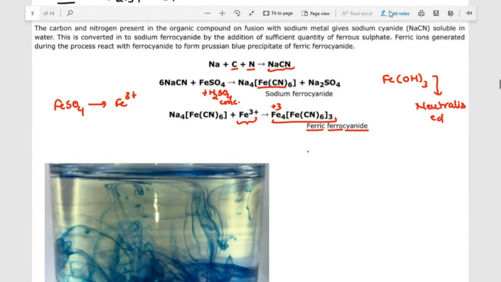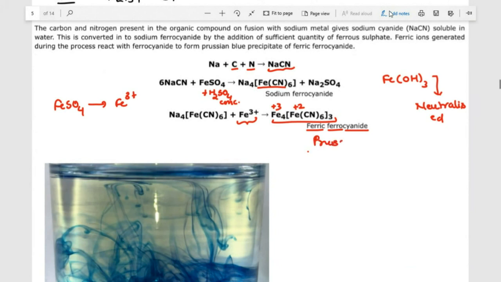This is iron 3, this is iron 2. This compound which is produced immediately will give us a Prussian blue color.